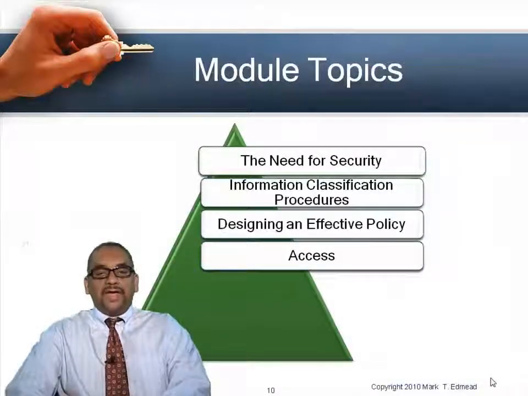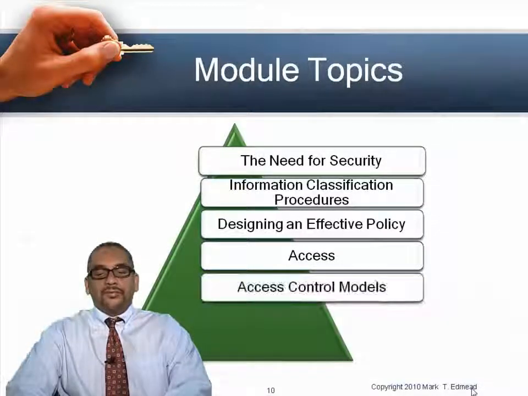Then once we have that, we're going to talk about the access control, or the access to the data. Some people might have full access, some people might have limited access. So we're going to talk about how to frame that so that it meets the security policy, and also the controls that you can use to limit or restrict access to sensitive information.